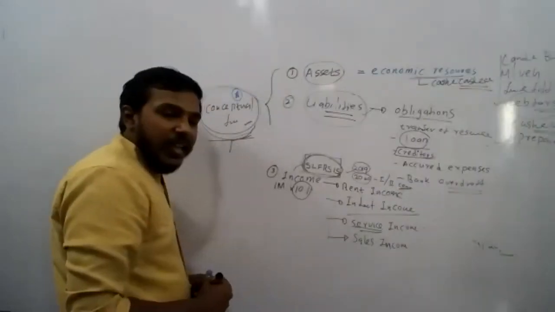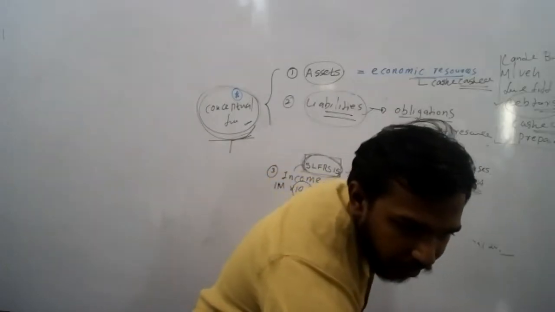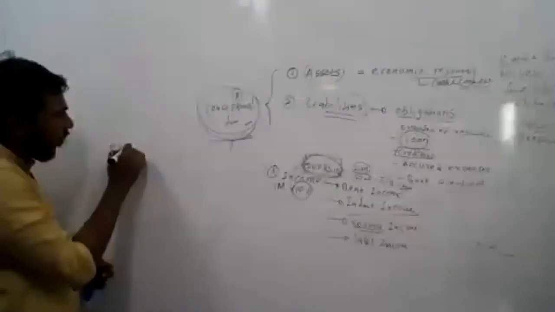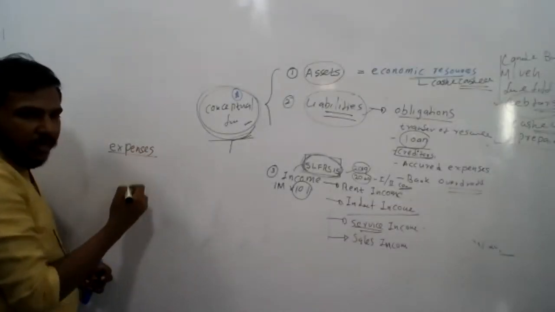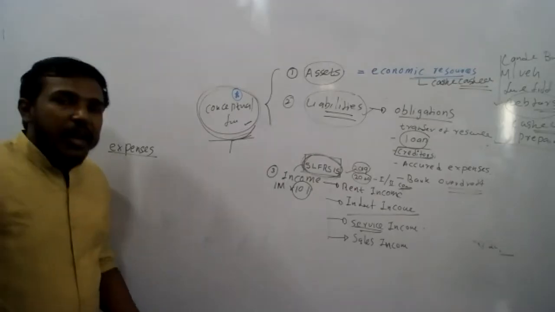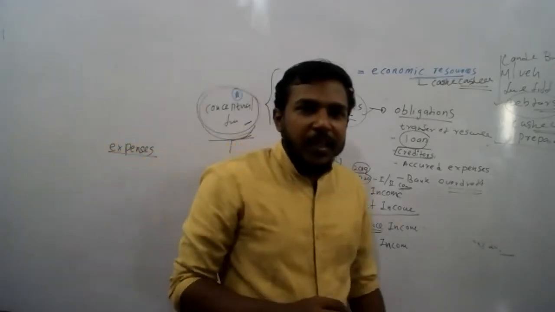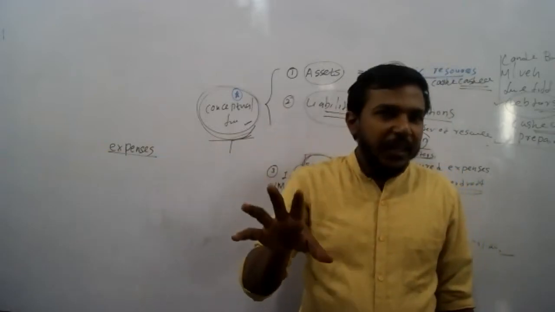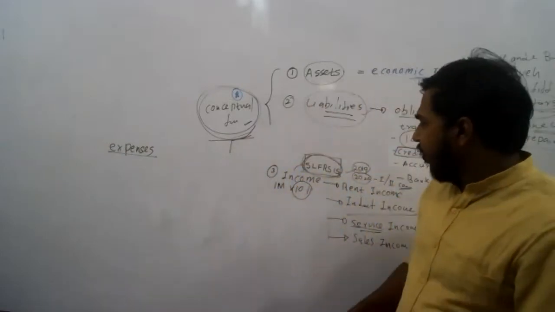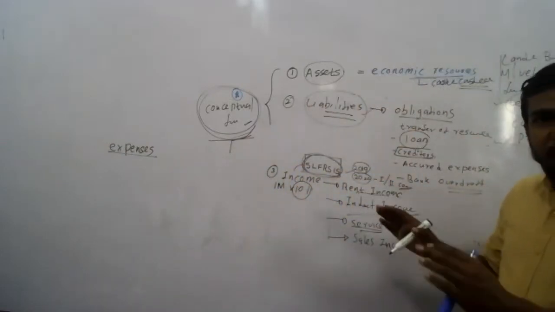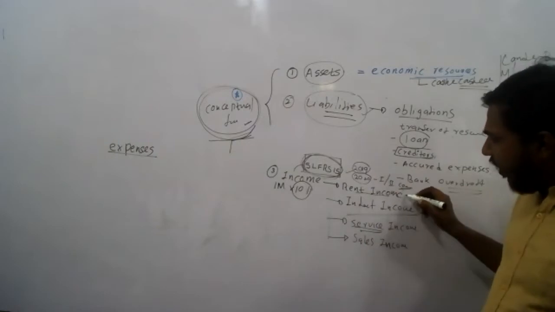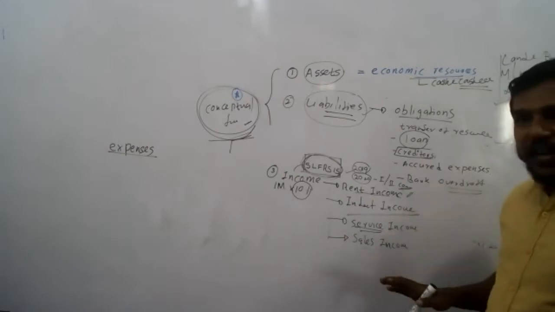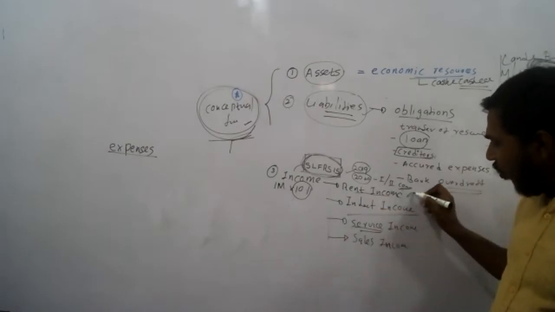Then what are the examples for expenses? Now, if you look very carefully, income and expenses you have to take very carefully. If you are earning the rent, it would be rent income.